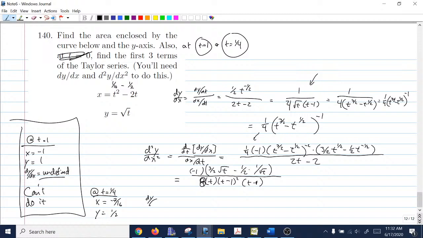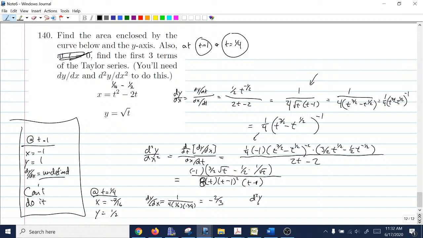I get dy dx, plugging into this version, as 1 over 4 times the square root of a 4th, which is a half, times a 4th minus 1, which is negative 3/4. That's 1 over negative 3/2, so I think this is negative 2/3.